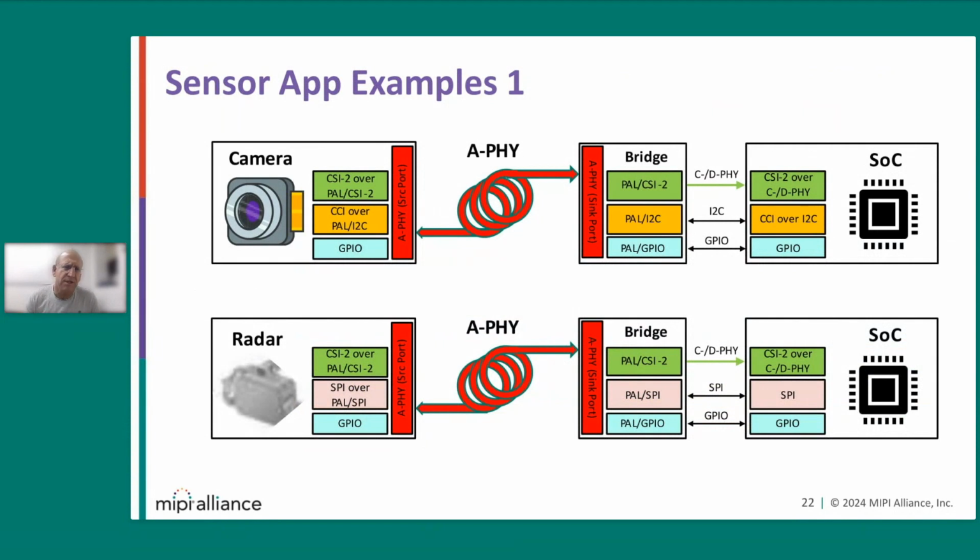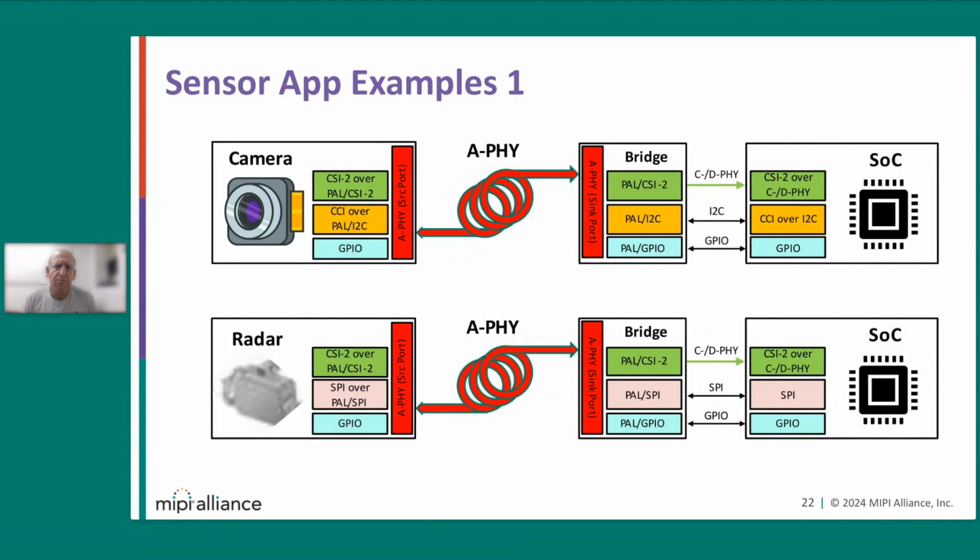You can see that camera and radar are integrated. It means that the A-PHY and the adaptation layer are integrated with the native protocols of the camera and radar.